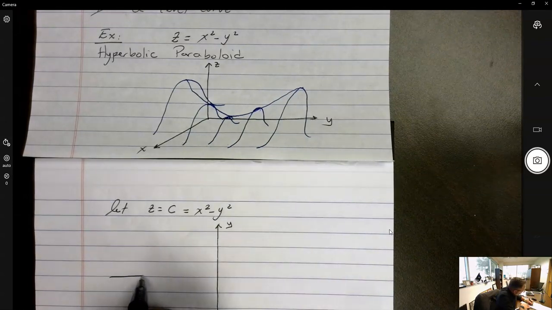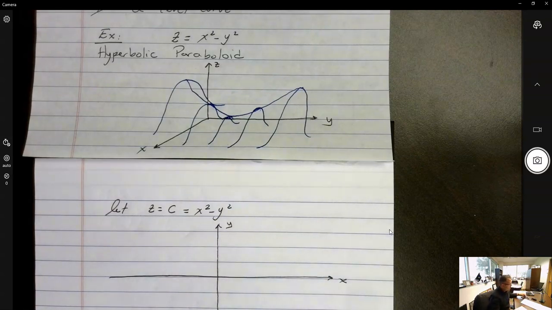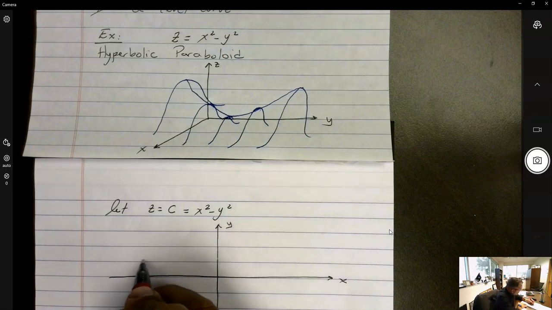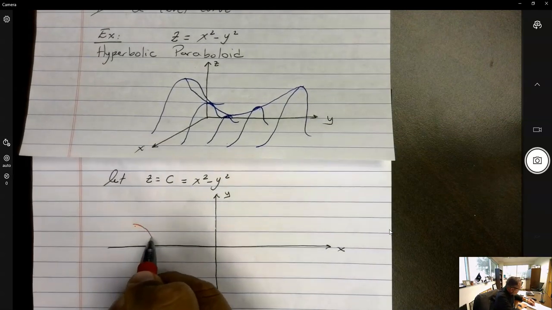So this will be the xy plane as seen from above, and I'm going to use red now to define these level curves. Depending on where I draw that plane, z equals c, this is what I'm going to find.